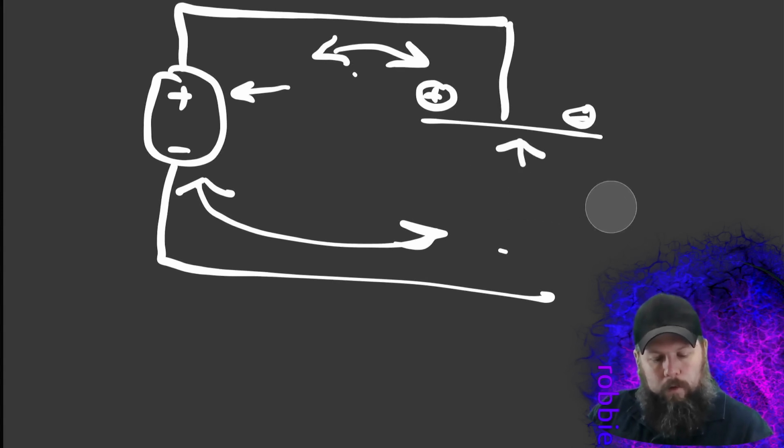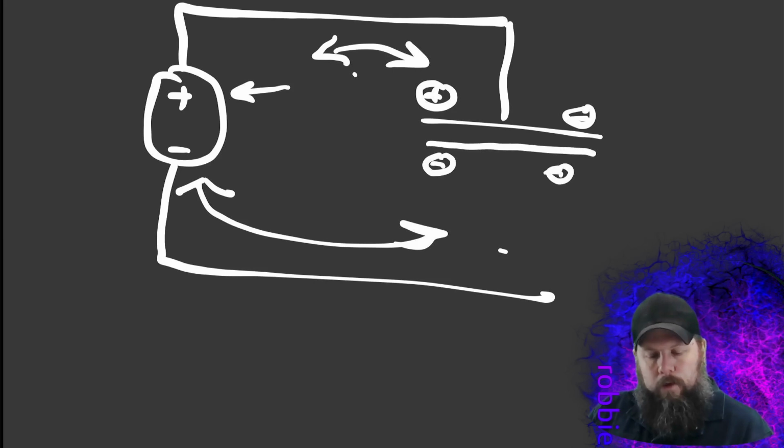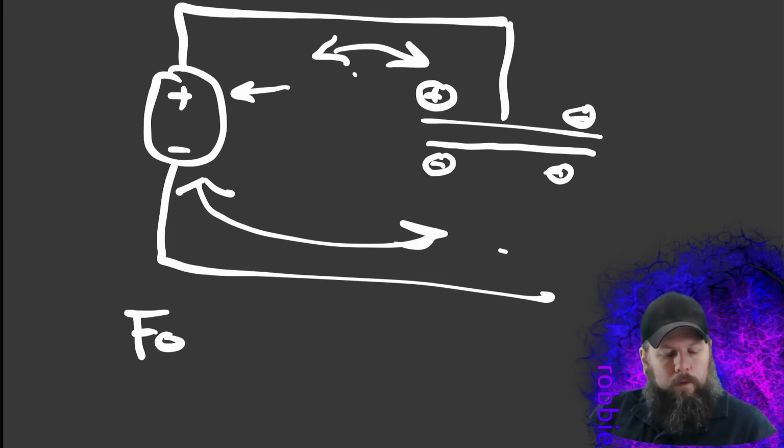So that gap is going to get really small, so small that electrons can start getting over it. This is forward bias.